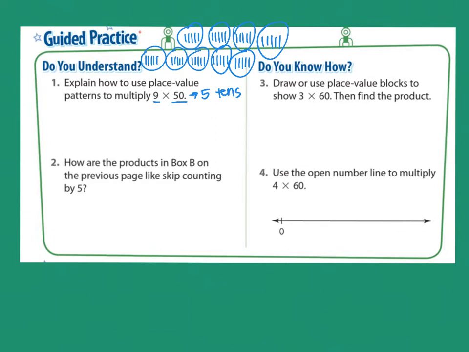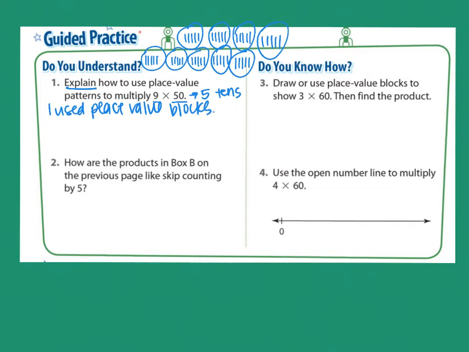Well, I used place value blocks, so remember I want to explain, so I need to write. So I used place value blocks. And what did I do with those place value blocks?